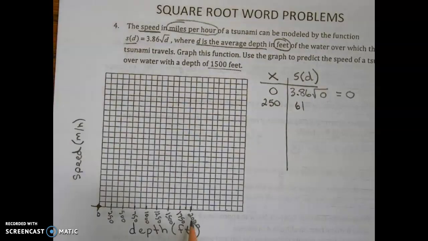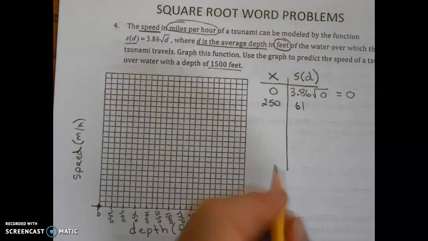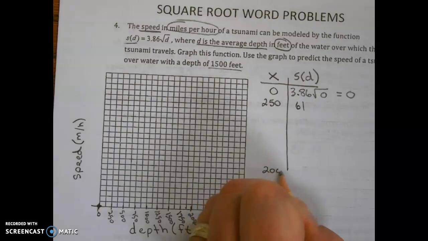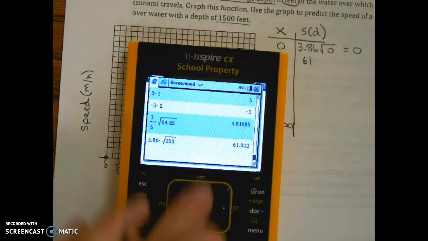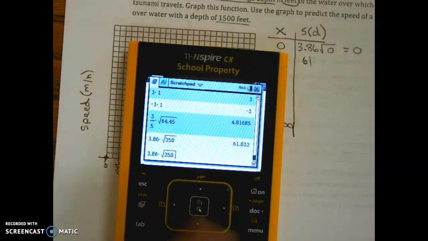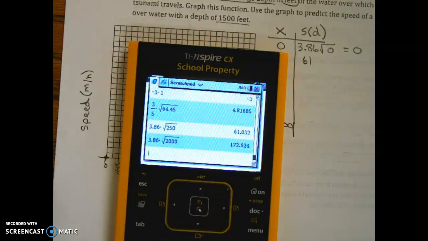So let's go up to the highest number I was going to go to, 2,000. Let's find out what that's going to be. I'm going to go up and copy this and change this to 2,000. So the speed's going to be 172.6.